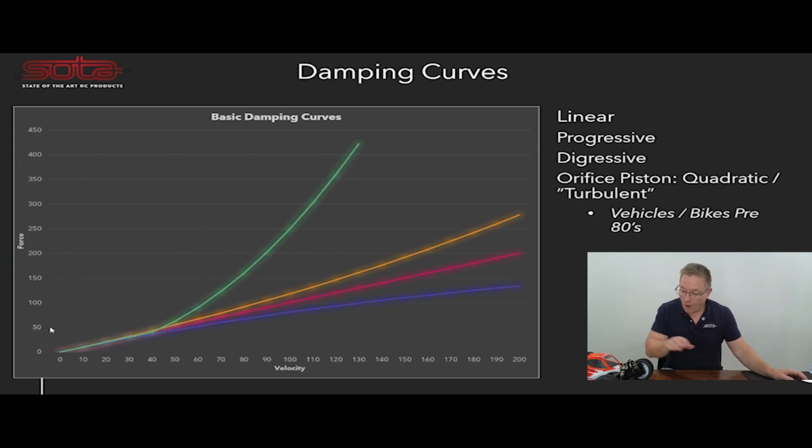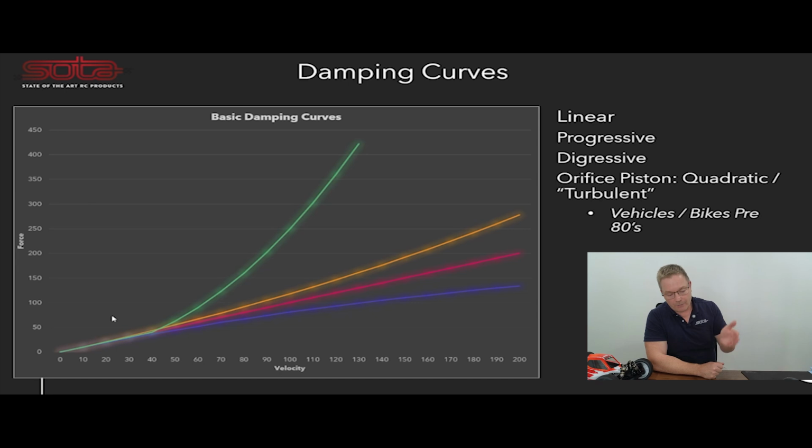And then an orifice type of piston. In vehicles prior to the 80s, anything that had just the orifice type, not a shim stack or anything more advanced, depending on the conditions, would typically give a turbulent or quadratic type of curve.